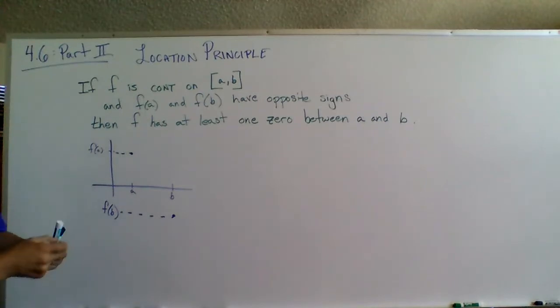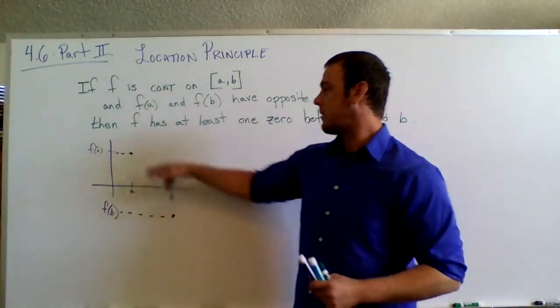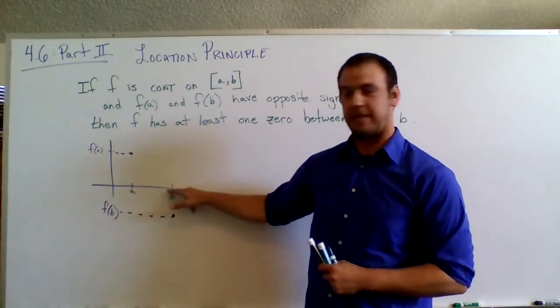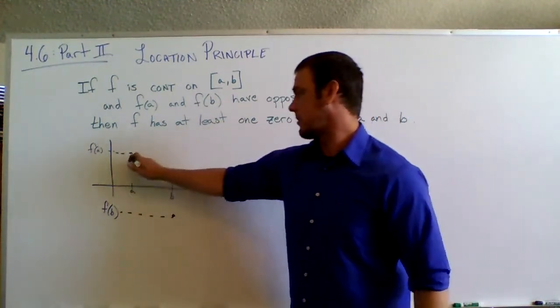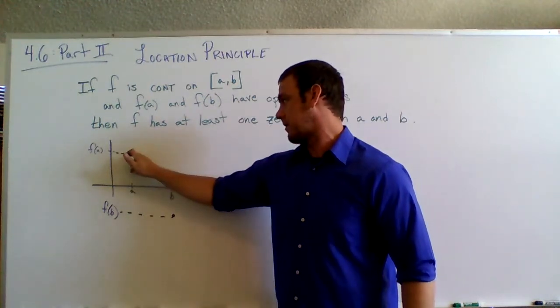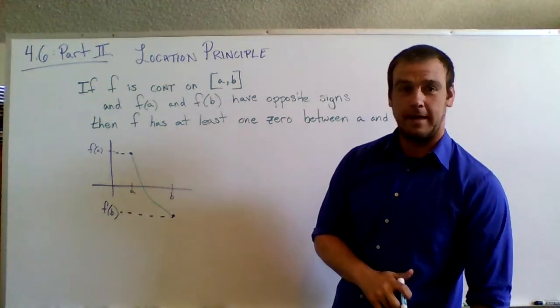If this is continuous on the closed interval, for you to go from up here to down here, wouldn't you have to cross the x-axis at least once along the way? If you're continuous, there's no other way to go from here to here without crossing the x-axis. It might just happen where it goes nicely down like that.